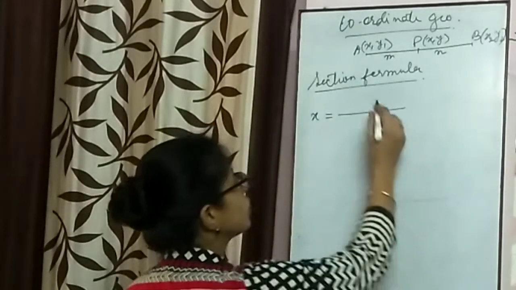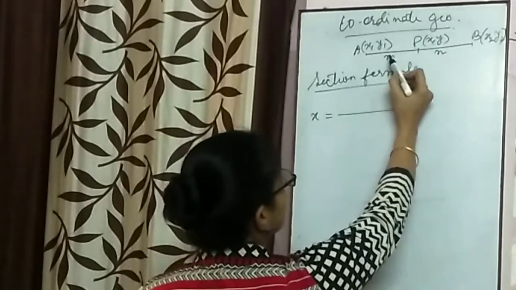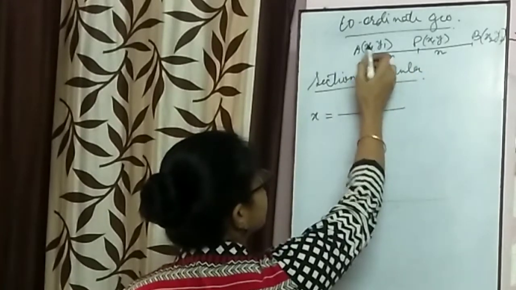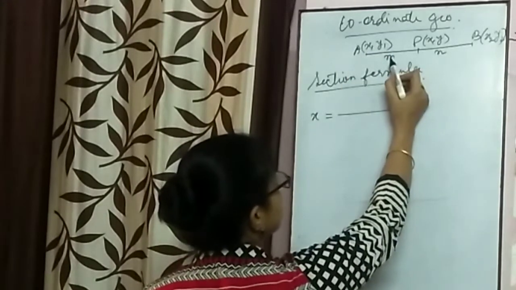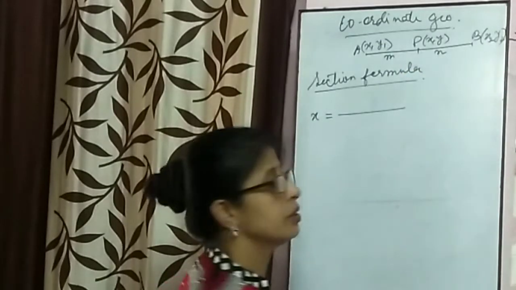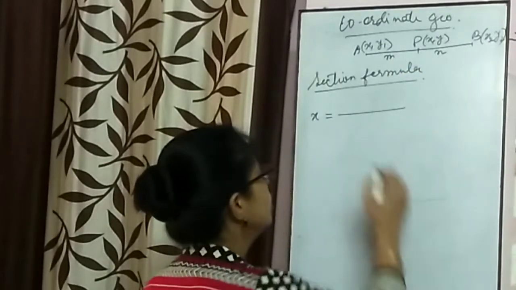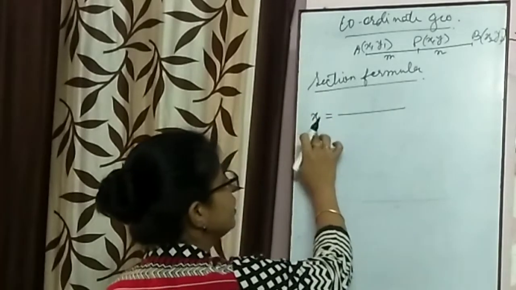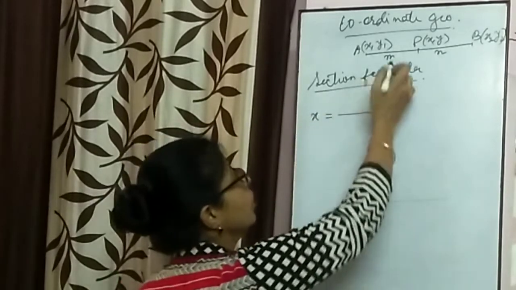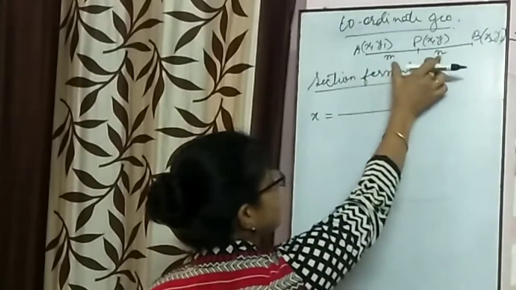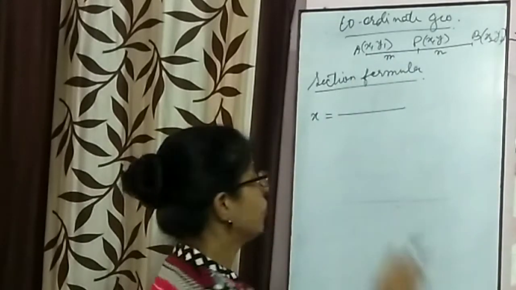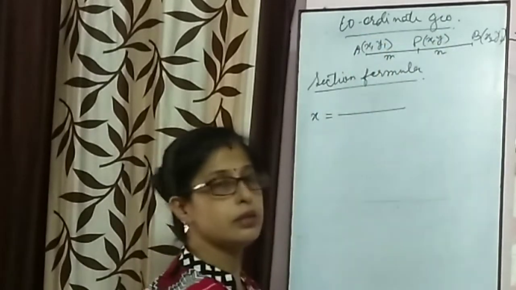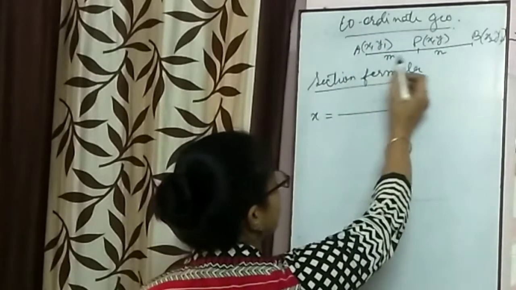Very interesting. What to do? By this ratio we will multiply the x coordinate, and by this ratio we will multiply the x coordinate of the other point. So it is to be noted that while finding the x coordinate, only the x coordinates will be multiplied by the two ratios. When finding the y coordinate, we will multiply the y coordinates by the ratios. So how to multiply?